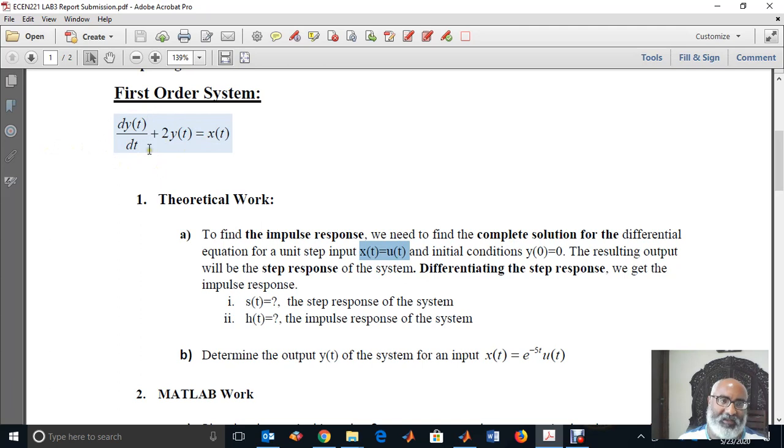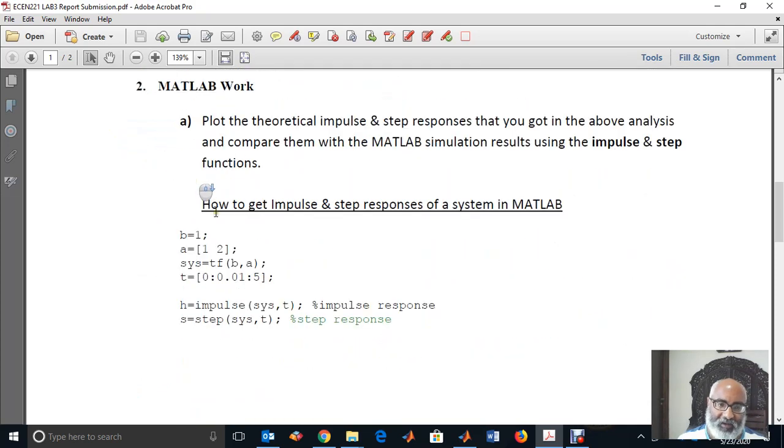It can be a second derivative, a first derivative, and no derivative, depending on the order of the system. For the first order, we only have the first derivative. So the coefficient of the first derivative of y is 1, the coefficient of y of t is 2, then we make the vector A equal to 1, 2.